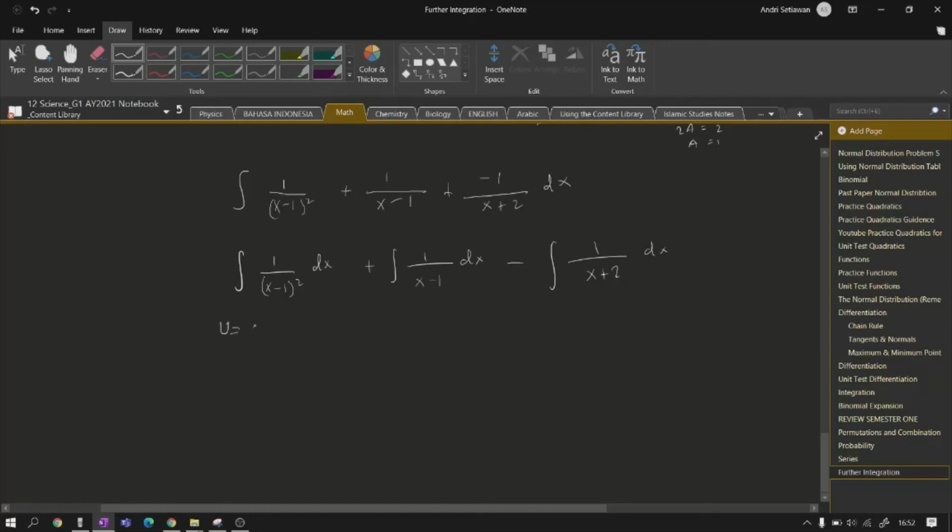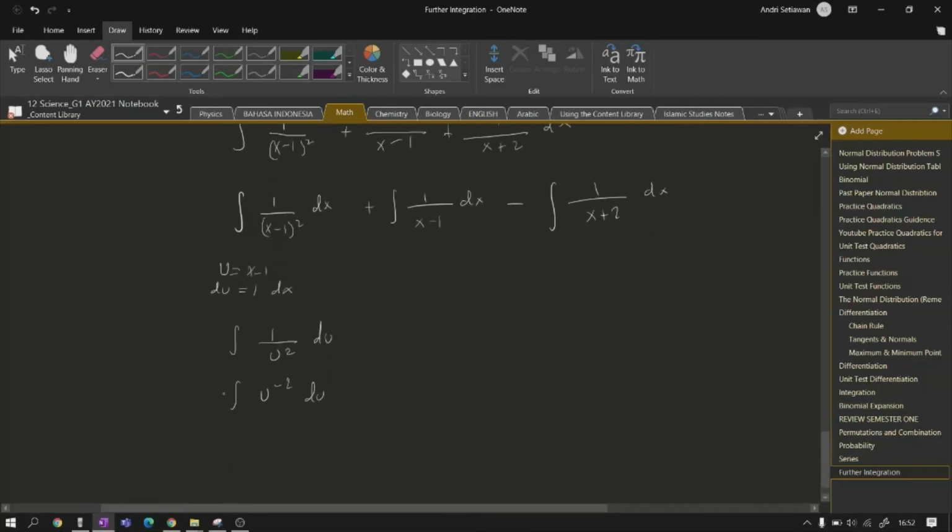So u equals x minus 1, so du equals 1 dx. We can substitute it by integral of 1 over u squared du. You cannot integrate this fraction directly. You have to rewrite it as u to the power minus 2 du.